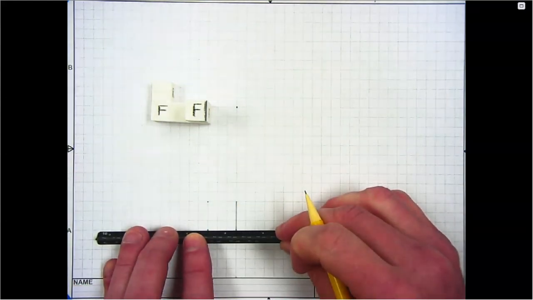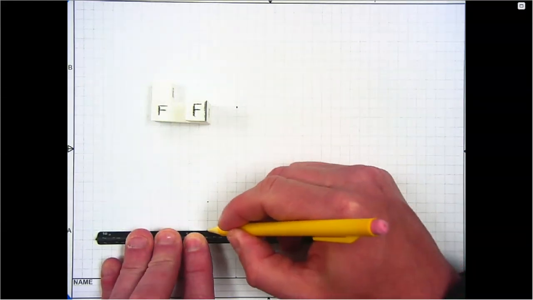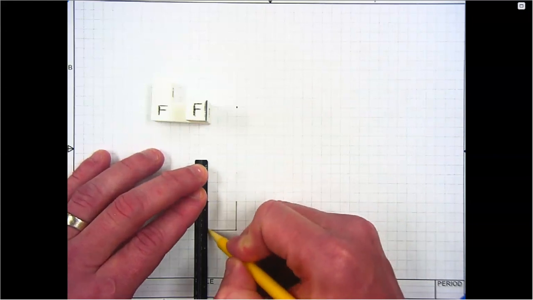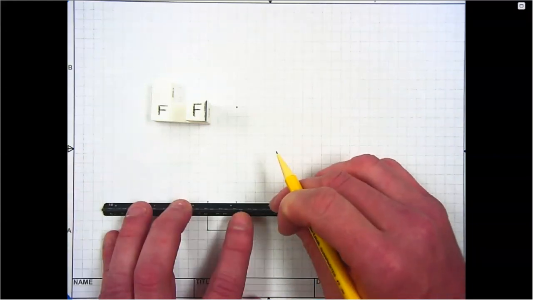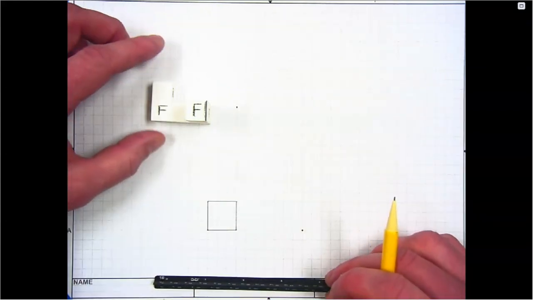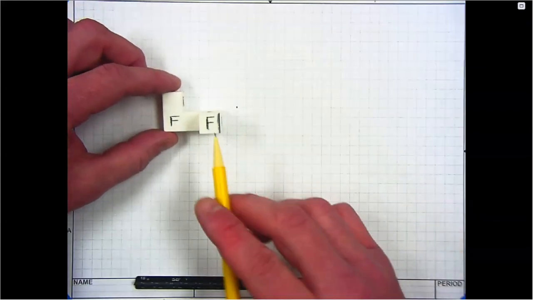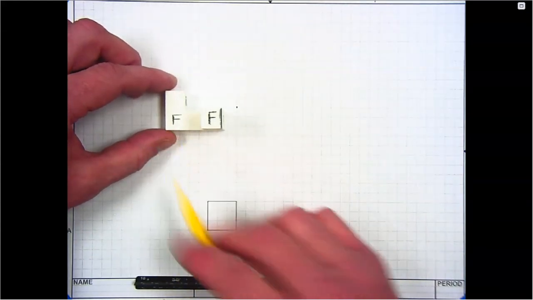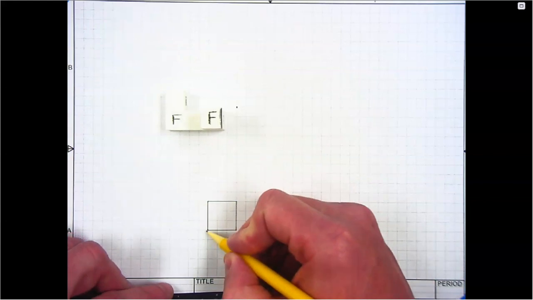and that's going to make that first cube that we see in the front view. From there, we're going to go over in the width dimension 2 cubes, so that's going to be 6 spaces.